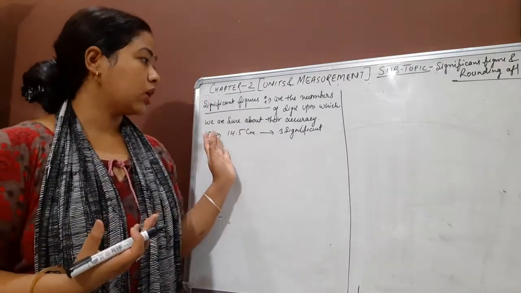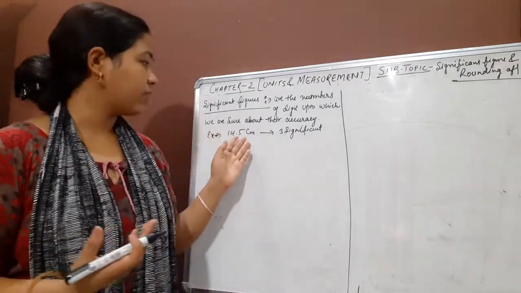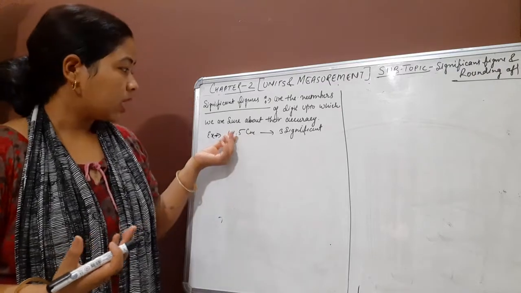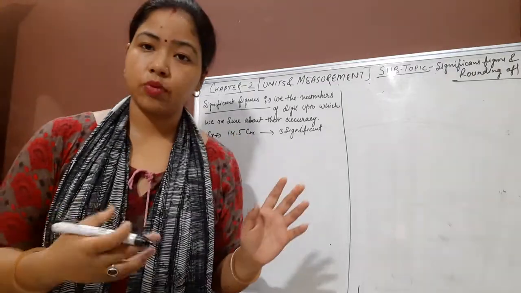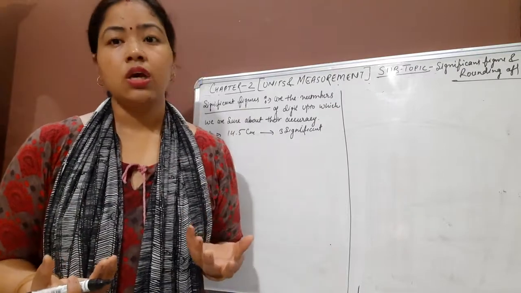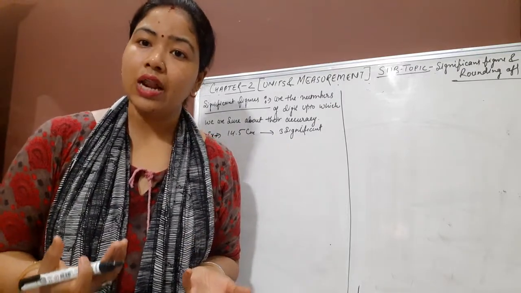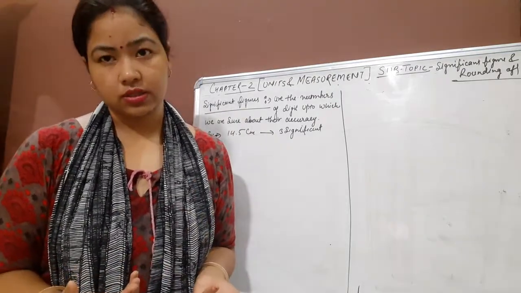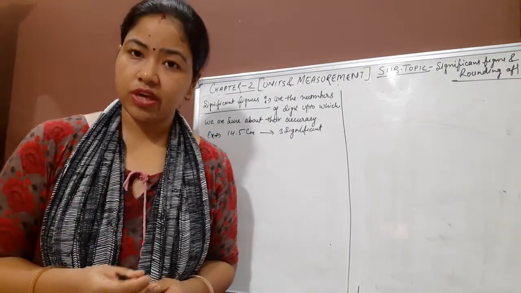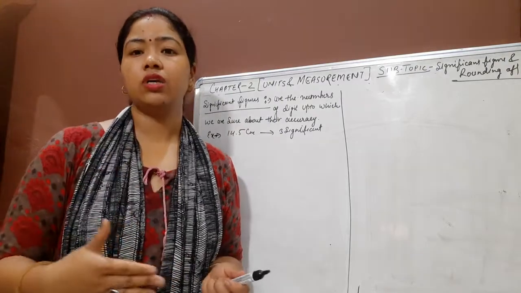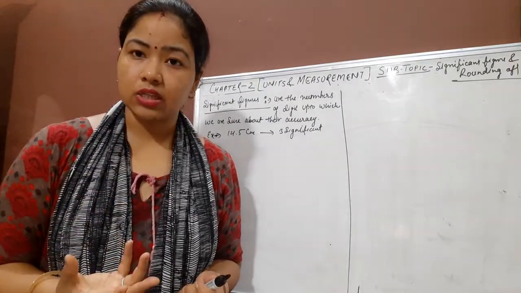Suppose we measure a length like 14.5 centimeter. There are three significant figures in this quantity. That means up to three digits we are sure about the accuracy of the length measured by us, right? Likewise, we have different rules for significant figures, because we have a variety of digits and numbers.